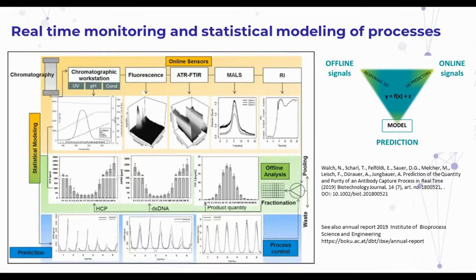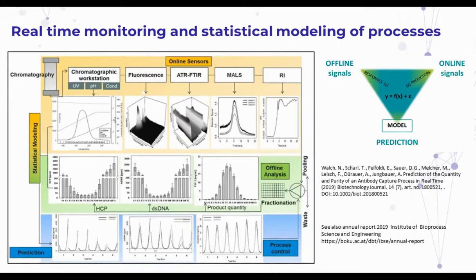So what you do is connect your chromatography workstation to different sensors, and do online and at-line measurements. So you would have offline signals and online signals. And then with these online and offline signals, you build a statistical model.